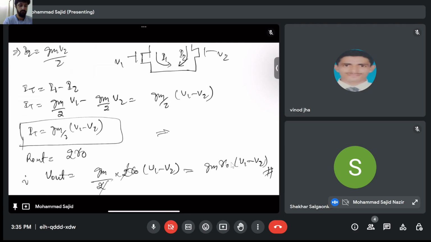So you can make an equivalent circuit for it. So this will be simply Gm by 2 (V1 minus V2), and your total output resistance is R0, and then you can connect some load resistance. So this is how you represent this difference amplifier.